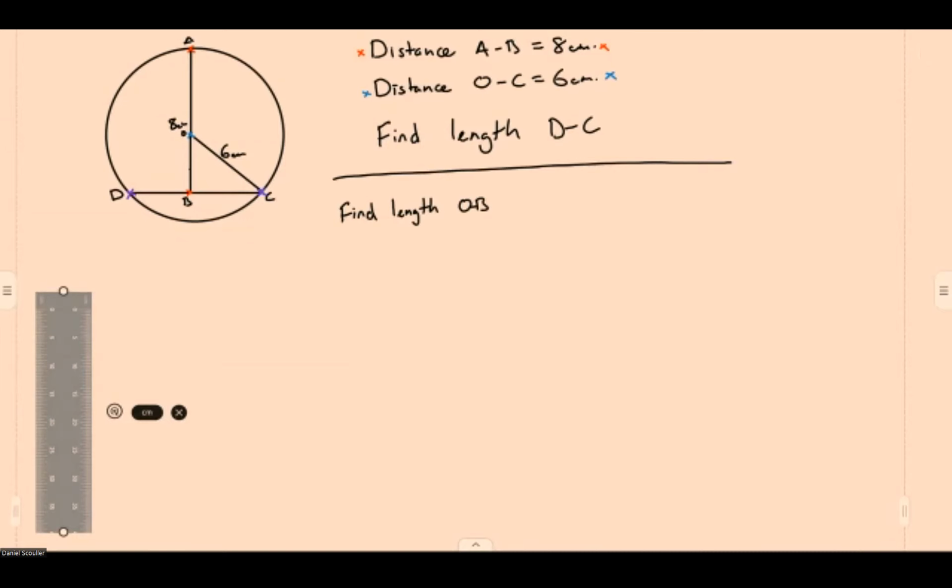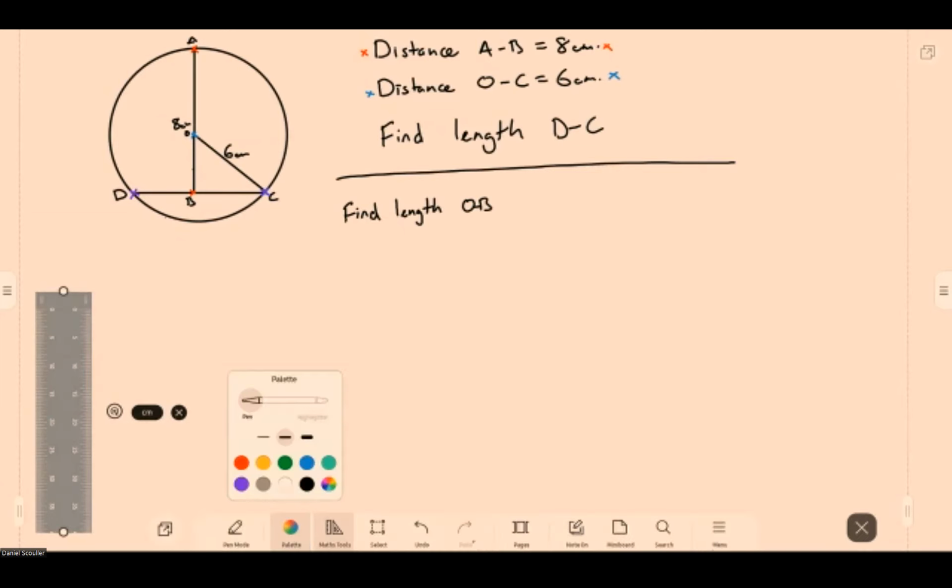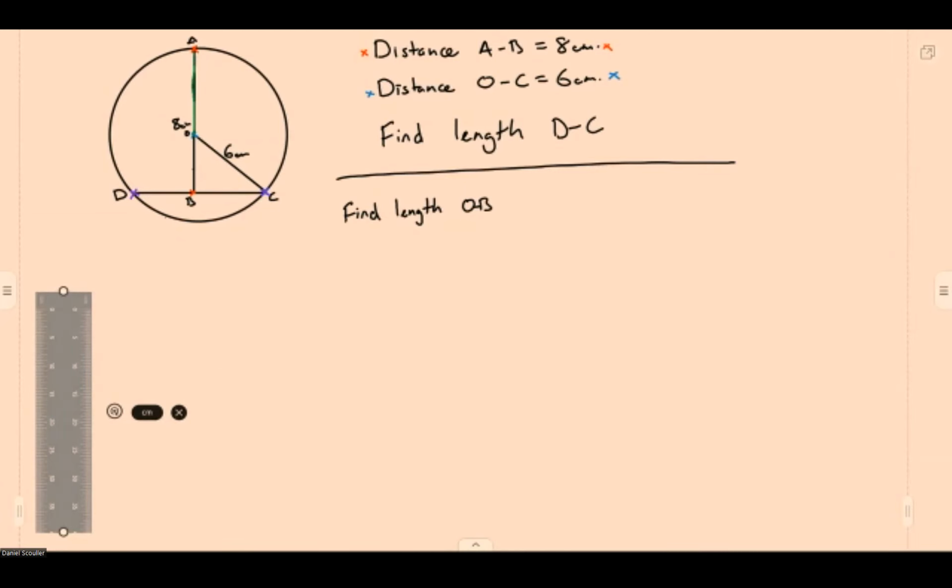If we know that the radius is 6 centimeters, it means the distance from O to A is 6 centimeters as well. And we know A to B is 8 centimeters, so the missing distance is 2 centimeters.